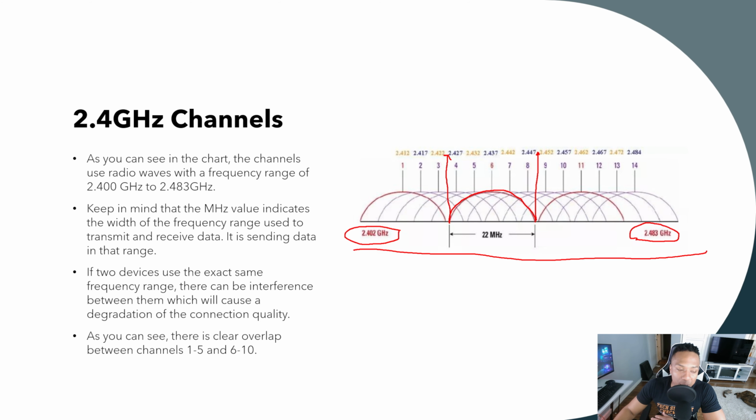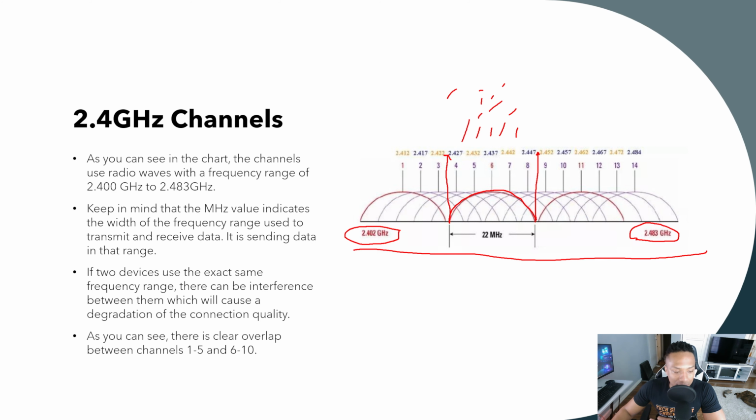There is something else I could bring up regarding the width, but it's not really important right now, so I'm not going to talk about it. But just keep this in mind. Within this 22 megahertz is the channel that is used to send data. So if you use channel 6, it's using this frequency range here to send data. That's all that's happening. The data is being sent within that range.